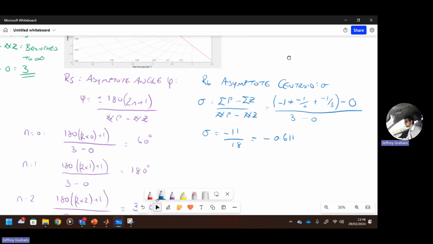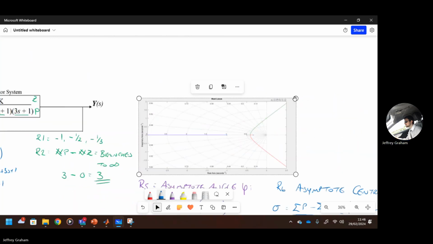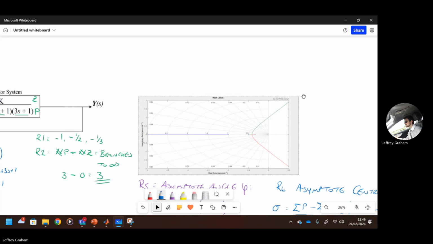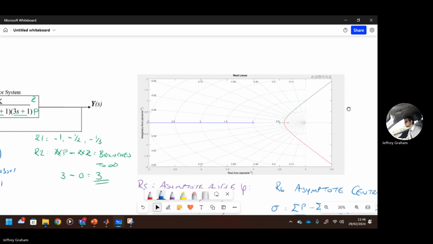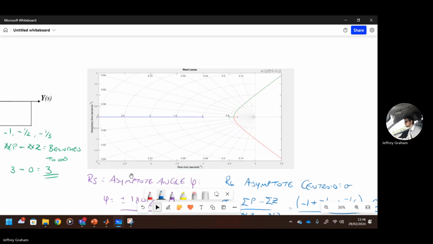Minus 0.611. This is just going to be very approximate, but 0.5, let's put it about there.